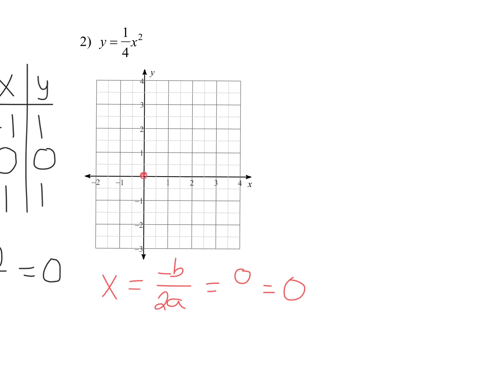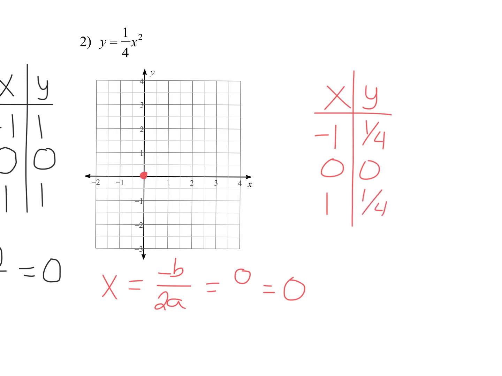So our vertex is at the origin. Now I want to plug in values just to see. So what are values I can pick? -1 and 1. -1 squared is 1 times 1/4. 1/4. And then what's 1 going to give us? 1/4. So go ahead and go plot those.